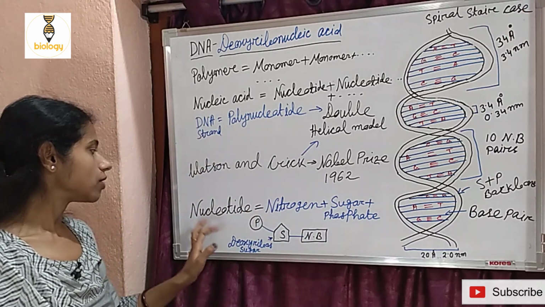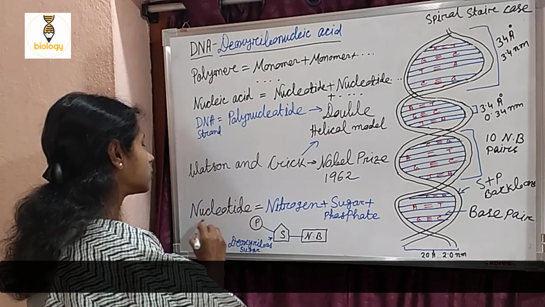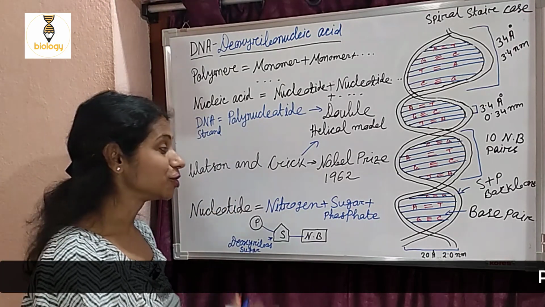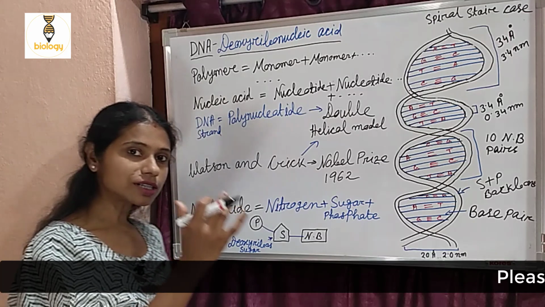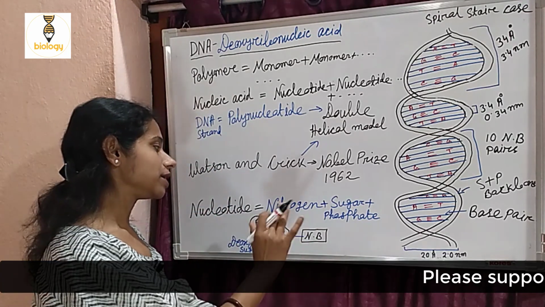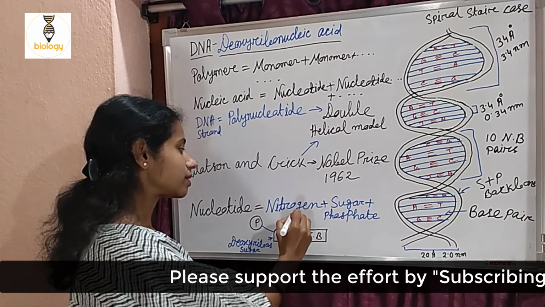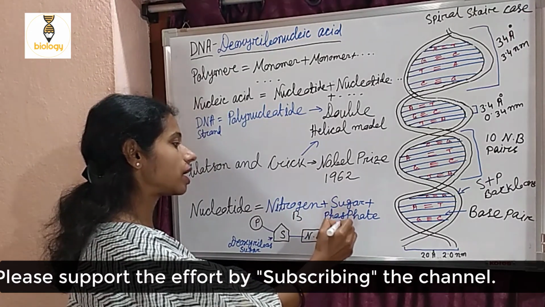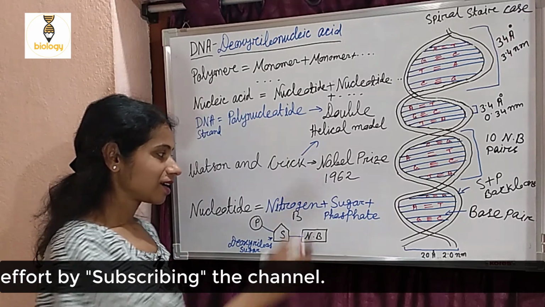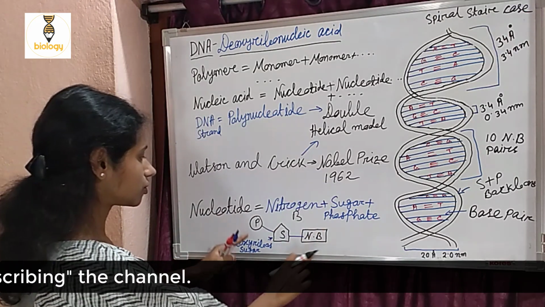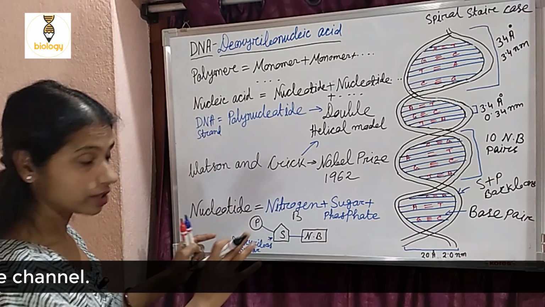Now one important thing is the nucleotide. What is a nucleotide? A nucleotide is mainly made up of three things: a nitrogen base, a sugar and a phosphate. Here I have shown how they are joined.